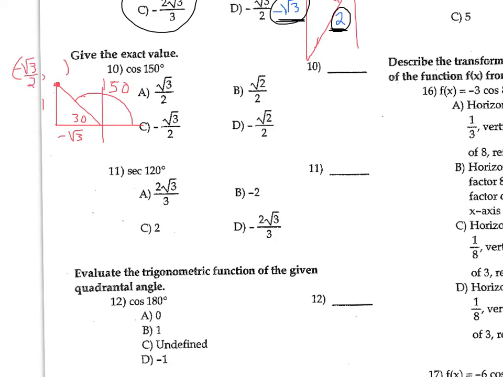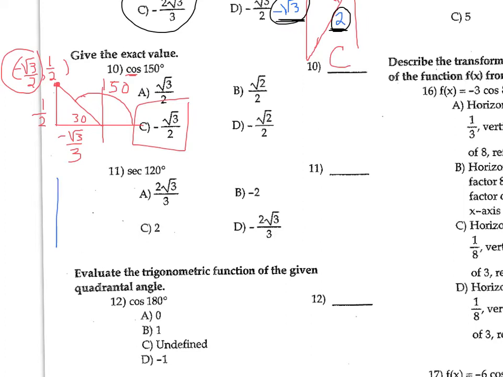Okay. And then 1/2? Okay. So since cosine is the x, the answer is negative square root of 3 over 2. And that's it.